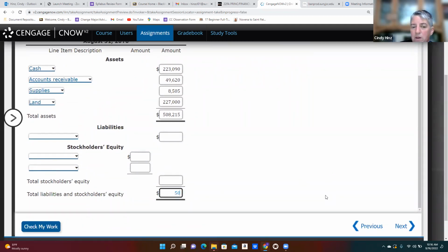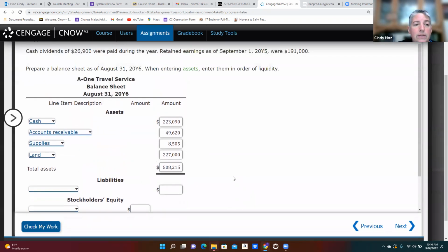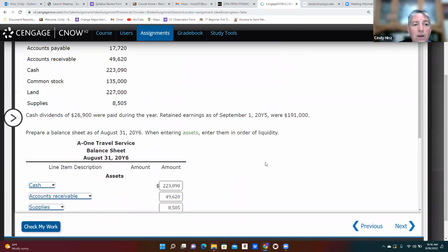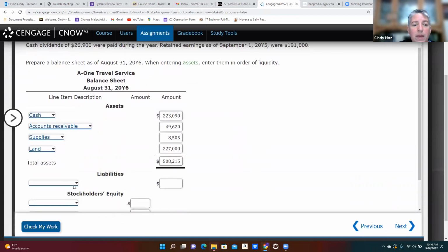Because we know that this is an equation, assets equals liabilities plus equity, we can go ahead and put that number down here for total liabilities and equity as well. We have a way of checking ourselves or filling in the blanks for something we don't know. To keep going then, we had just one liability, accounts payable.